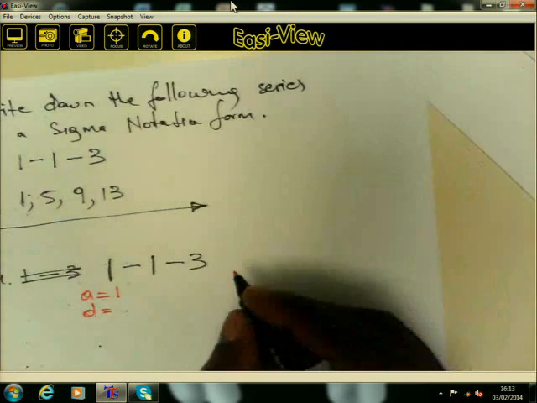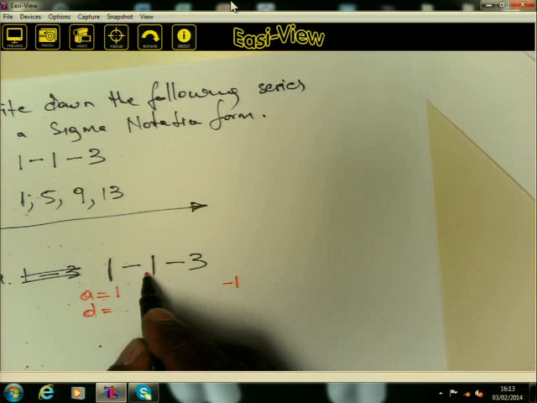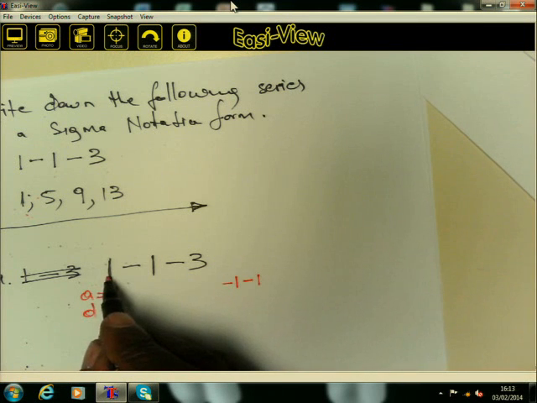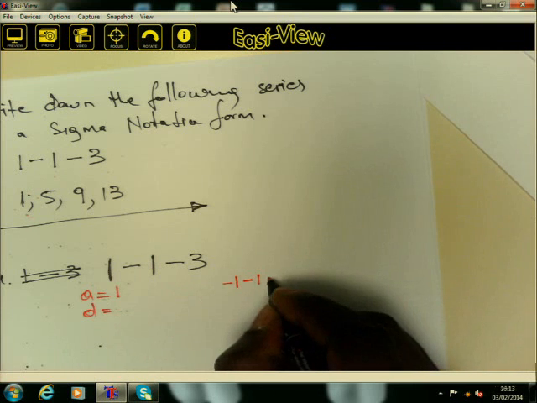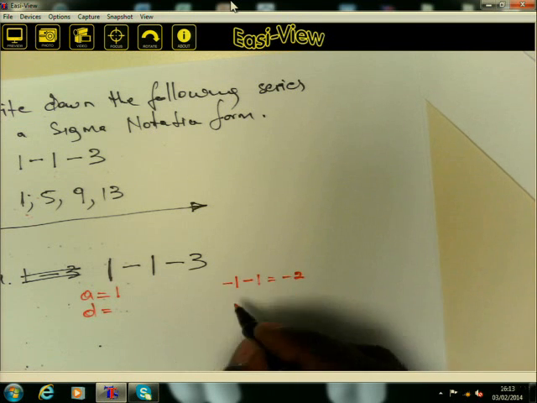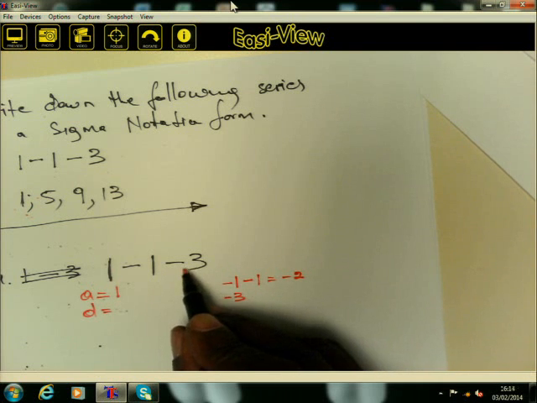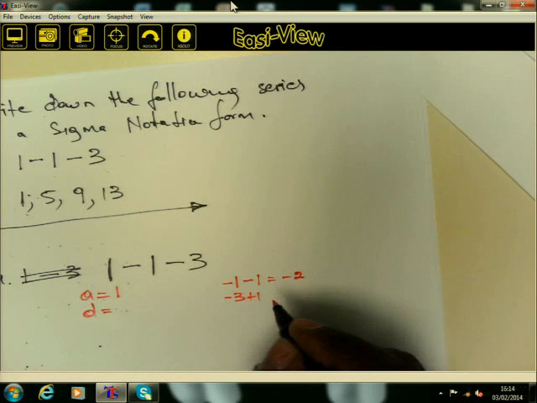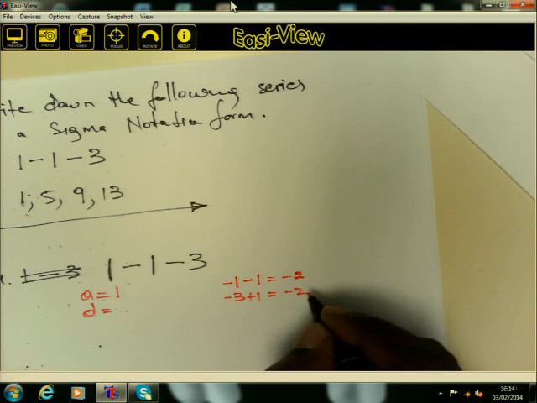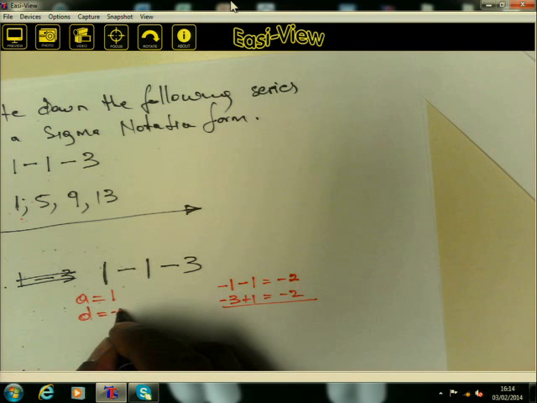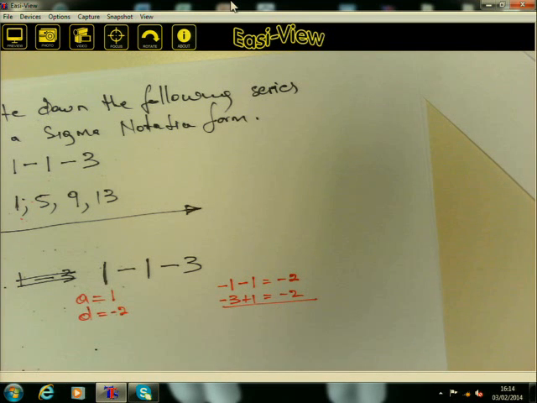D will be -1, the second term minus the first term. This gives us -2. Let's check once more with this one. This is -3. -3 minus -1 will be -2. So we confirm that our difference is -2.